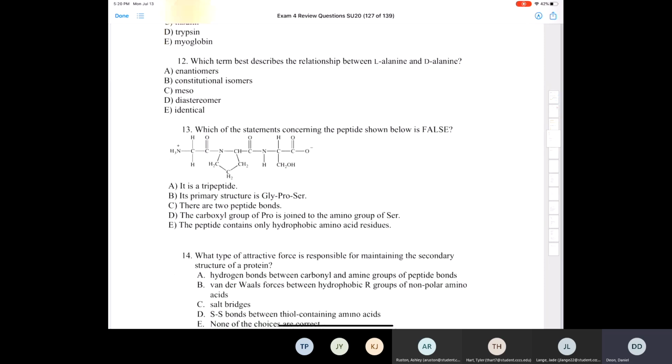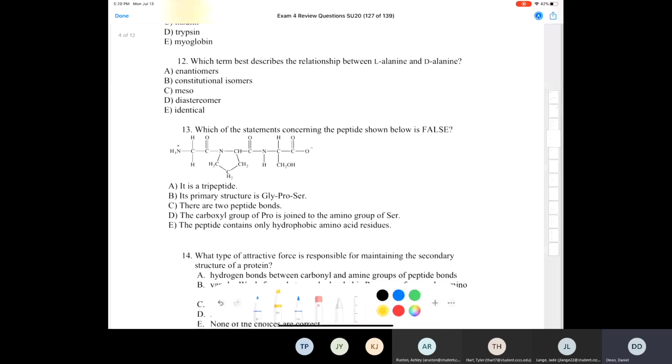Number 12, which term best describes the relationship between L-alanine and D-alanine? Well, what do the L and the D represent? These represent the direction in which these molecules rotate plane polarized light, right? One of them is going to rotate it in one direction, and the other is going to rotate it in the opposite direction. And so the answer is that these two compounds must be mirror images of each other, right?